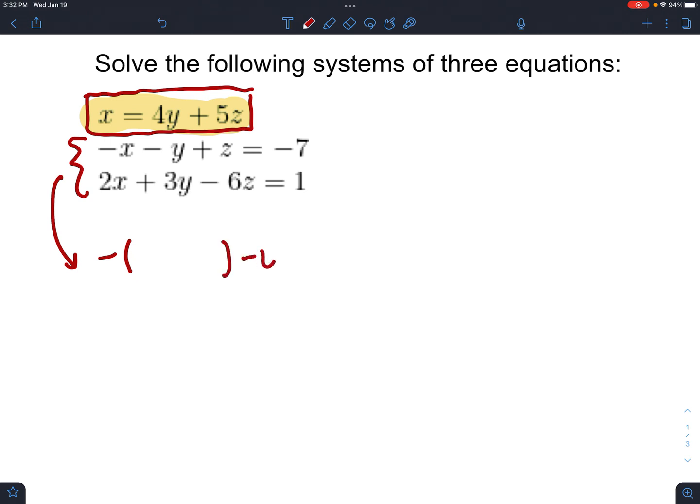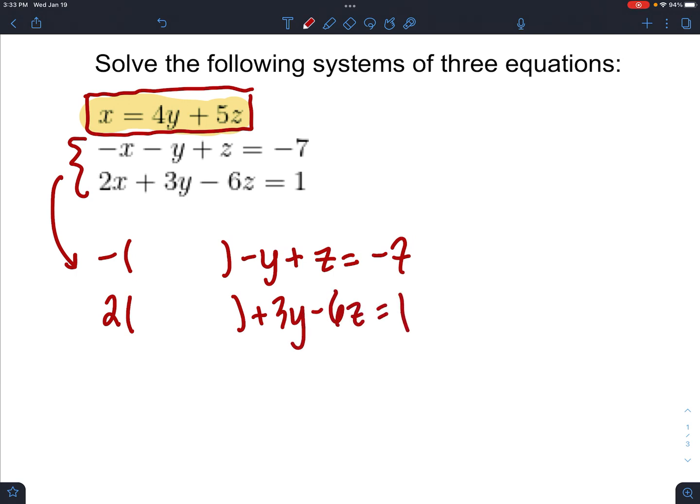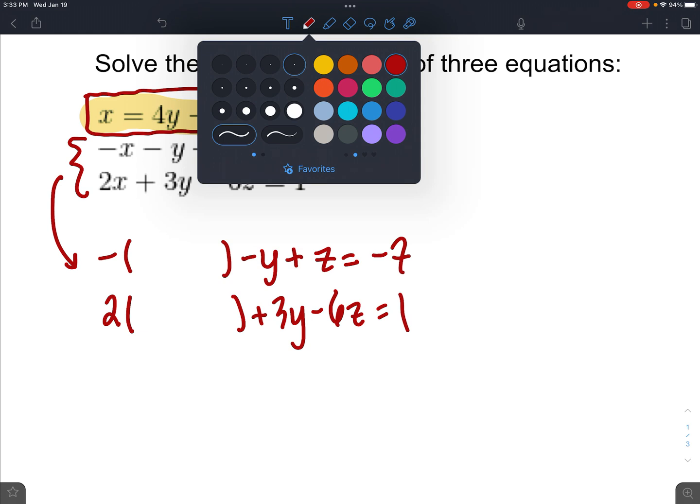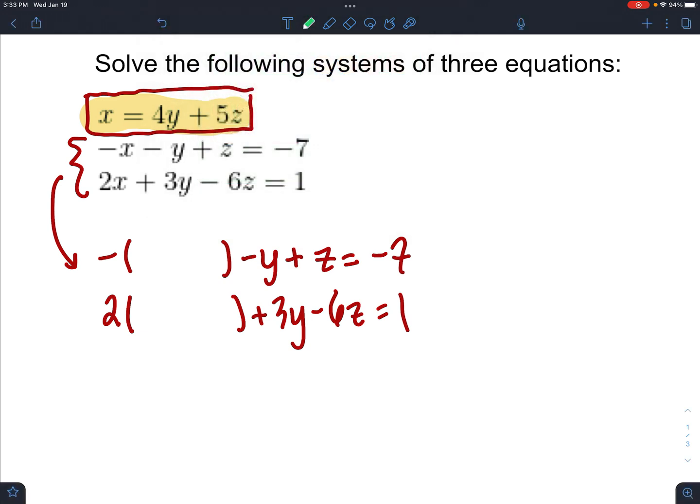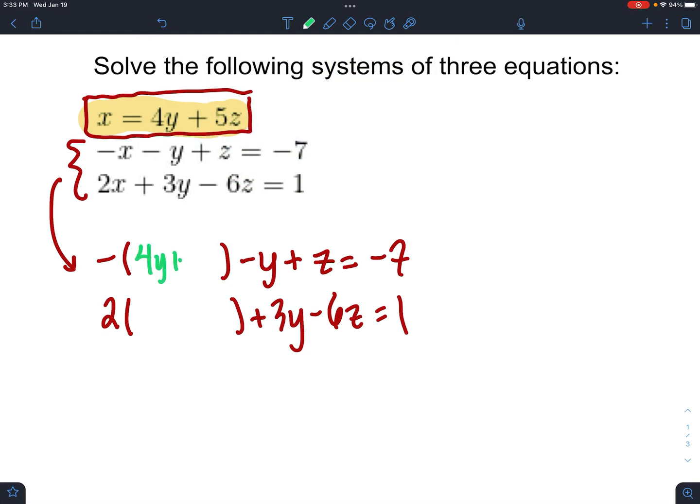So I'll leave a big space for x because I want that to go away and become x, y's, and z's. So I will leave a space, and then I will come in with the x written in a different way.